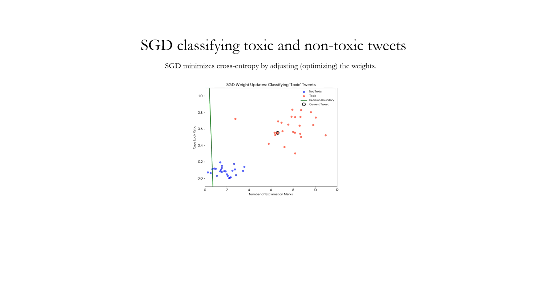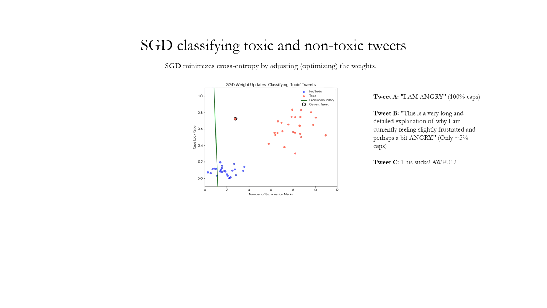On the y-axis, we've got the caps lock ratio, and then on the x-axis, the number of exclamation marks. So the more caps lock and the more exclamation marks you see, it's probably going to be a toxic tweet.